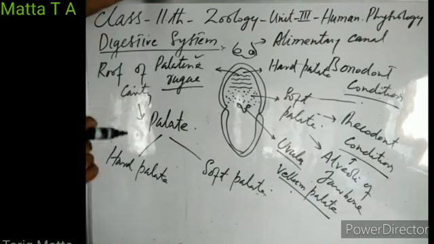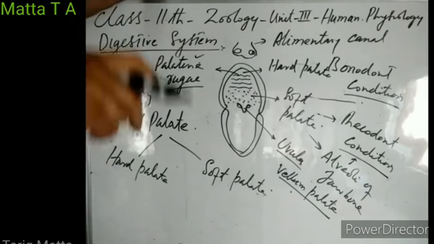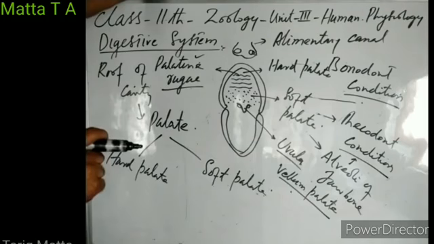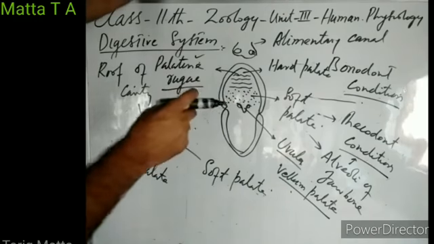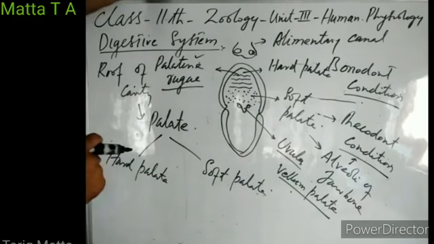On the top of the pharynx, there are two small openings known as internal nares, through which nasal chambers open into pharynx. So when we are taking any food and water, there are chances that some food particles or water droplets may go into internal nares and then into nasal chambers.